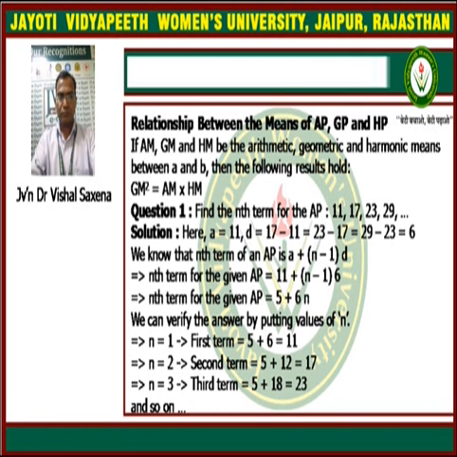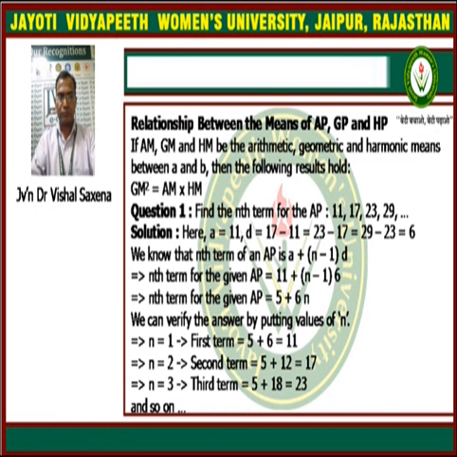Find the nth term for the AP. One AP is given, and we have to find the nth term. Here in this series A is equal to 11, the first term. The common difference D is 17 minus 11, or 23 minus 17, which is just 6.